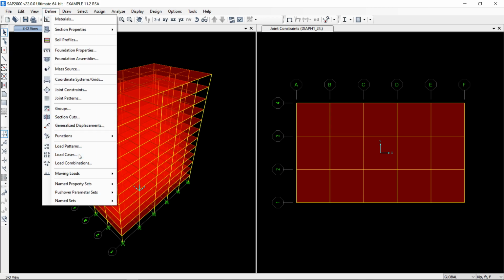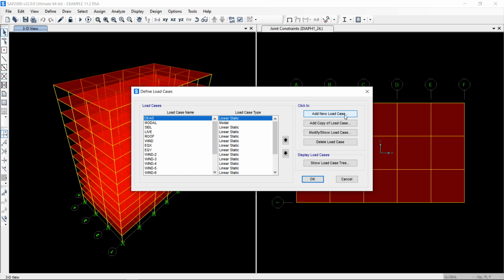Now we are going to define a new load case.